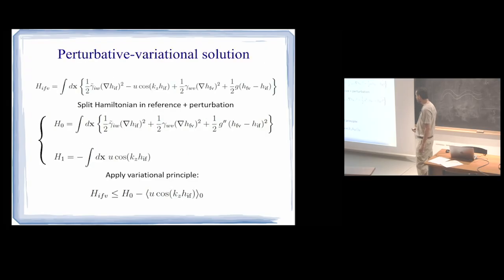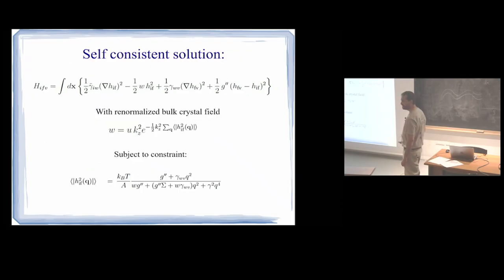It looks complicated. So I think I'm going to skip this part where I show how to find out exactly the roughening transition. You can do the maths, and eventually what you get is a self-consistent equation. Okay? You can get a Hamiltonian which is fully quadratic in terms of W, the lattice parameter, but actually the lattice parameter is a renormalized lattice parameter.